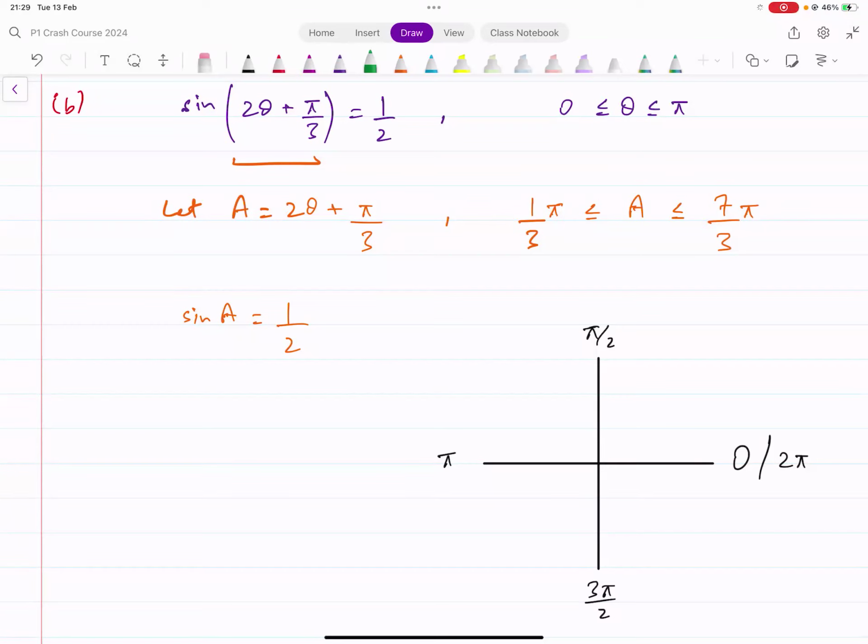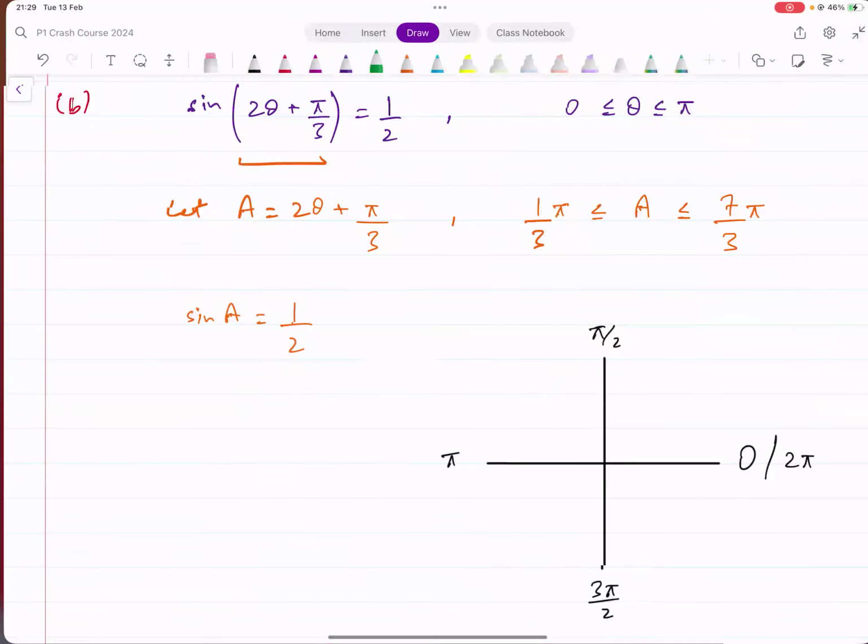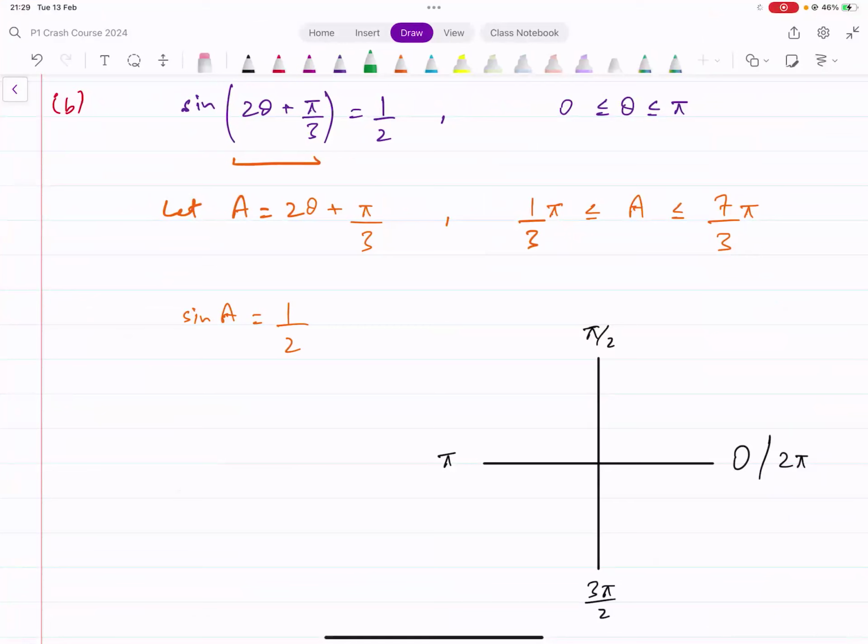All right, good. Let's try this. So we start with finding the basic angle first of all. We say sine of alpha equals 1/2, right? What's the basic angle? Remember, your calculator has to be in radian mode.